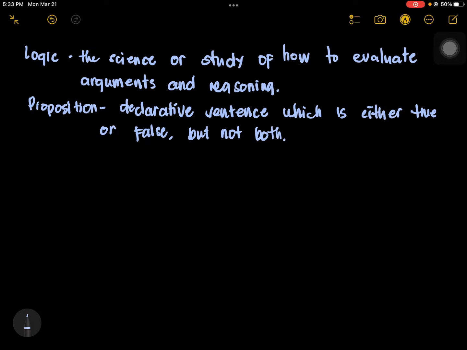Okay, so that is proposition. And this true or false is the truth value of the proposition. It is the truth and falsity of the proposition.